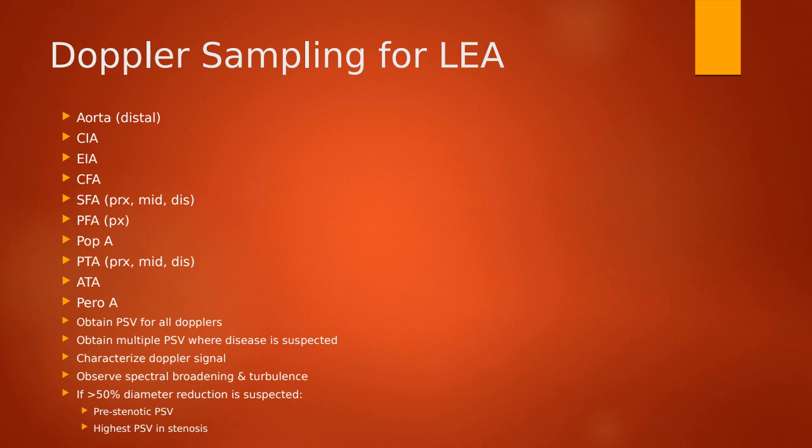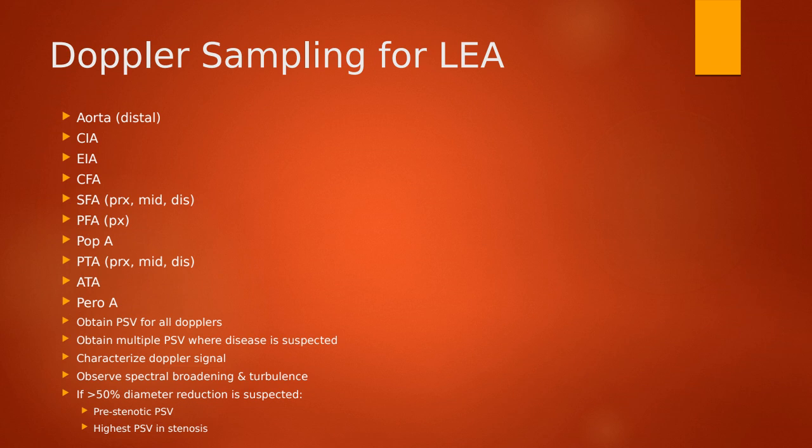We want to make sure we are getting multiple waveforms, multiple PSVs, in any area where we suspect disease is present. If you're scanning down somebody's leg and you see a massive chunk of plaque in one of these segments, you want to be taking multiple waveforms and multiple peak velocities of that segment to see an average of what is going on in that region.